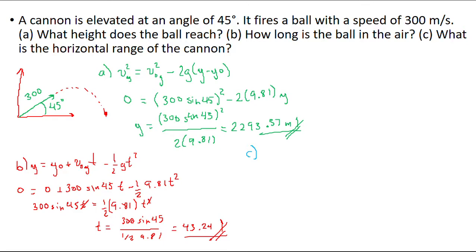For here we have the typical formula that is x equals x0 plus initial velocity in x times t. The initial position is going to be 0. Initial velocity in x is 300 times, we're in the x-axis, so that's cosine of the angle, 45, times the time, the one we just computed.